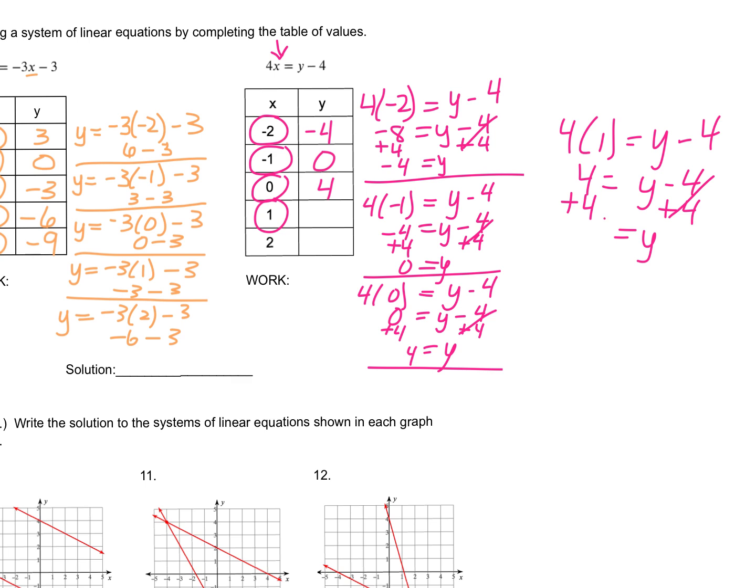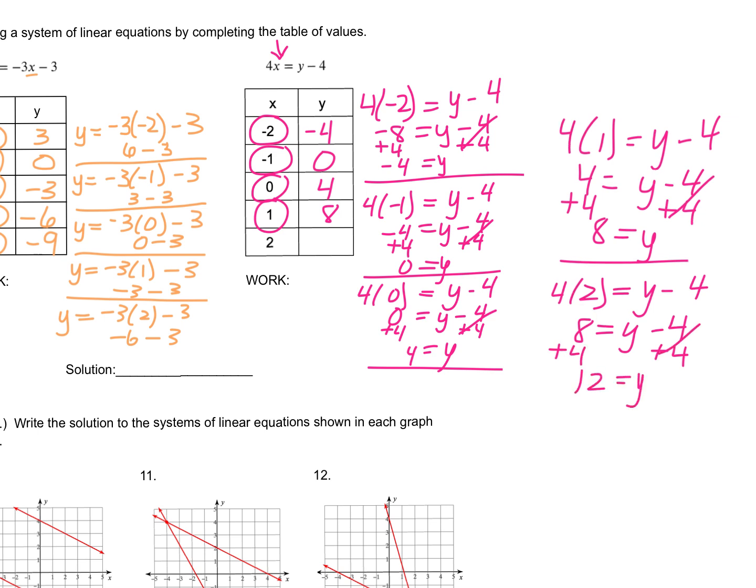And y equals 8. Okay, you might start to see a pattern, which I'm starting to notice. But I'm going to finish off by showing the work. 4 times 2 is 8. To get y by itself, I'm going to add 4 to both sides. So y equals 12 when I subbed that in.